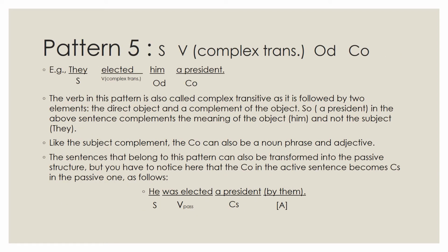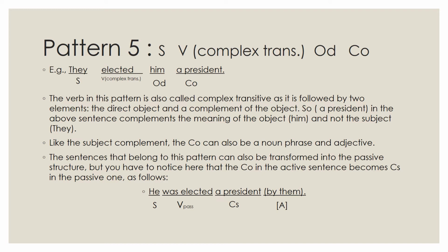Number 5, as I told you, pattern number 5 is similar to pattern number 4 in the type of the verb. So you see here also we have a sentence that starts with a subject followed by a complex transitive verb. Here the complex transitive verb is followed by a direct object, and the direct object is followed by an object complement.